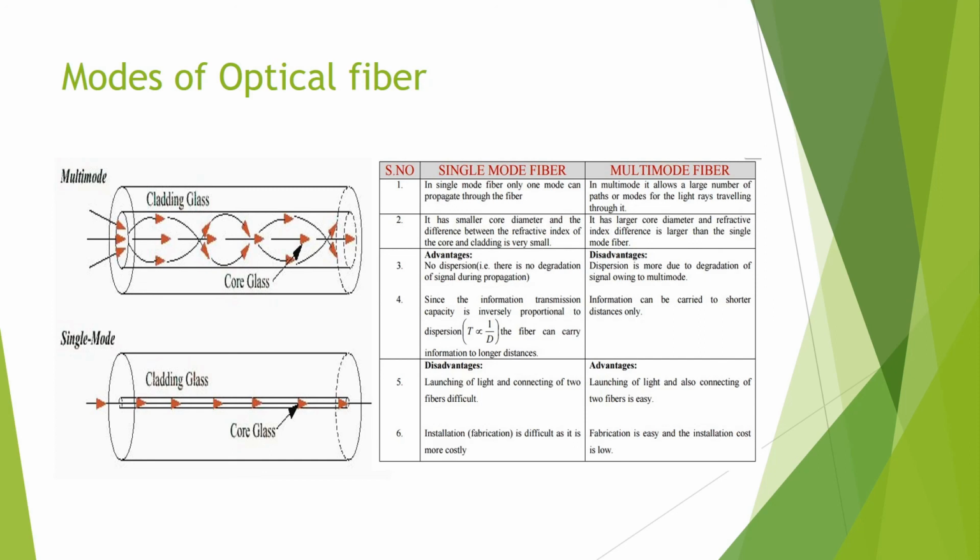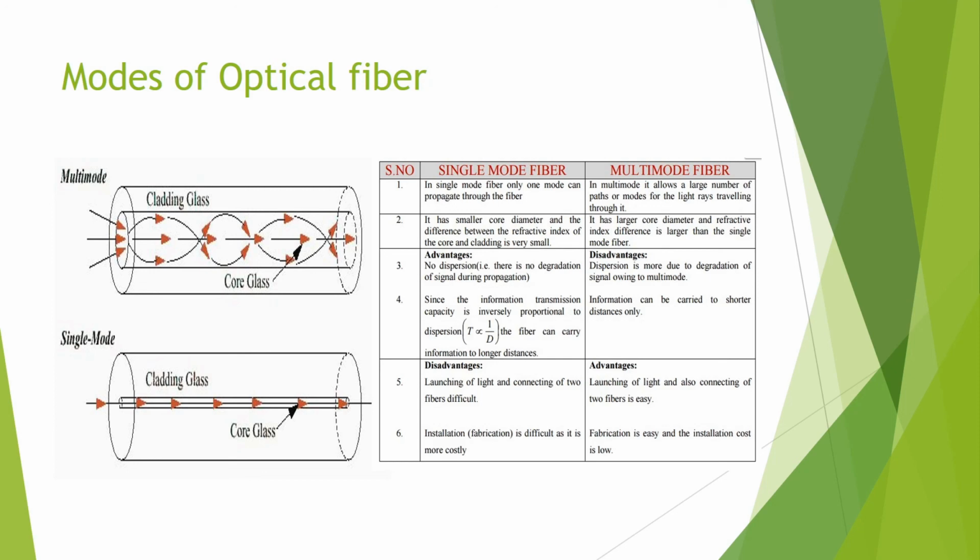Considering the advantages of single mode fiber: no dispersion, since the information transmission capacity is inversely proportional to dispersion, the fiber can carry information to longer distances. Considering the disadvantage of multi-mode fiber: dispersion is more due to degradation of signal owing to multiple modes, so information can be carried to shorter distances only.